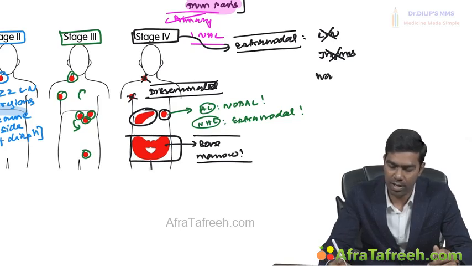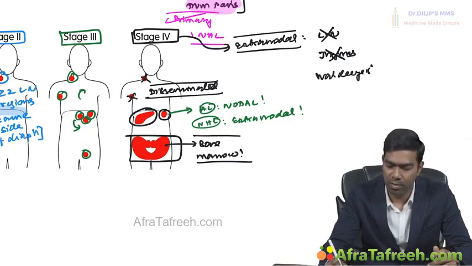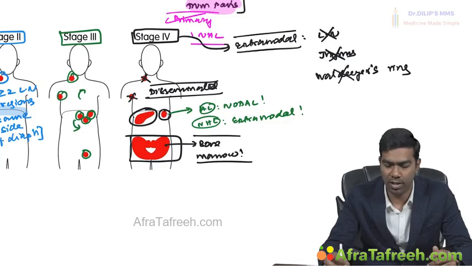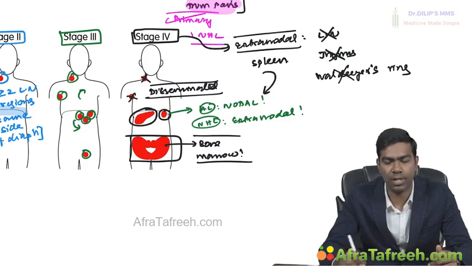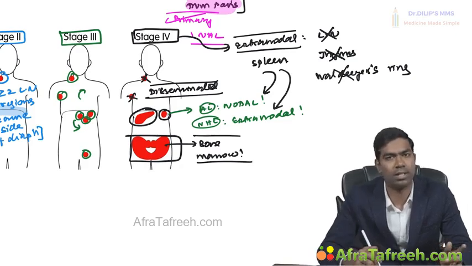So involvement of the lymph node, thymus, Waldeyer's ring, all these things will come under nodal disease only. Anything apart from these 3, we call extranodal disease. Typically, remember, spleen, I told you there is a controversy. For Hodgkin lymphoma it's a nodal disease, whereas for non-Hodgkin it is considered an extranodal disease.